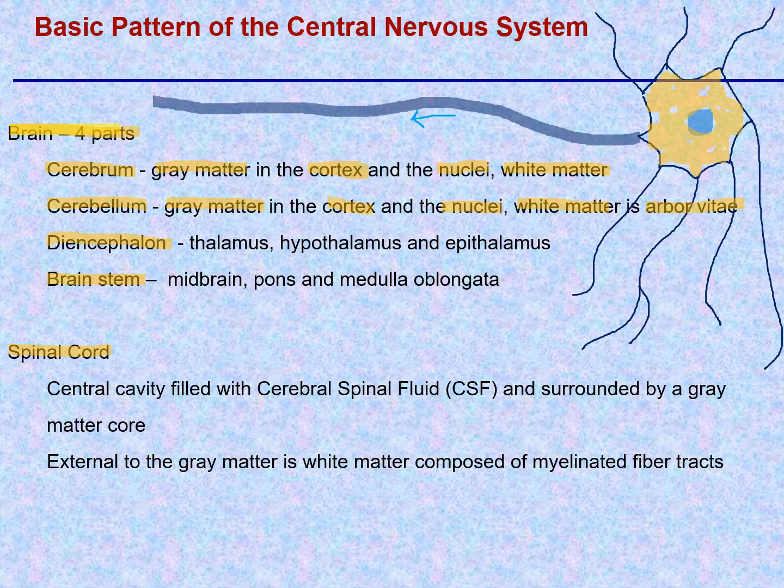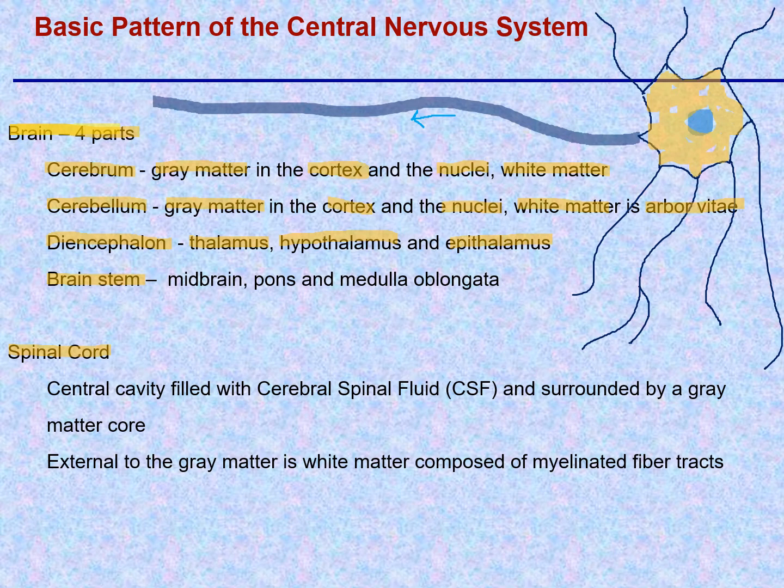The diencephalon is a region found surrounding an area that's filled with fluid called the third ventricle. Again, we'll talk about that more later. I'll give you more detail. And it has three major parts: the thalamus, the hypothalamus, and the epithalamus.